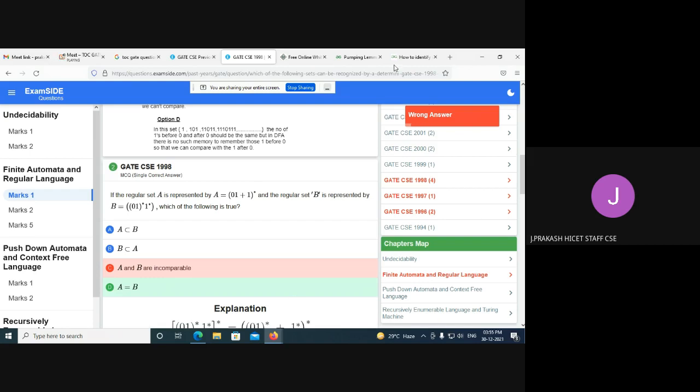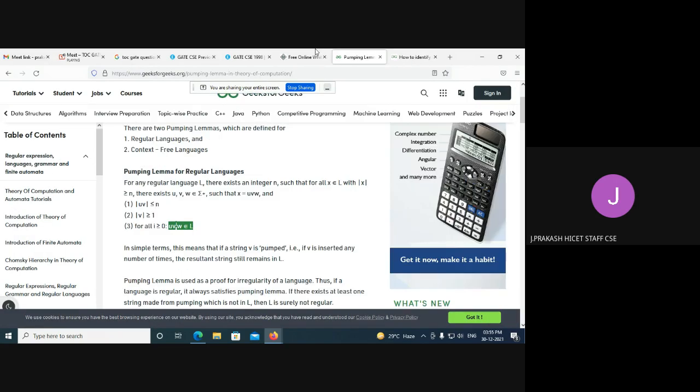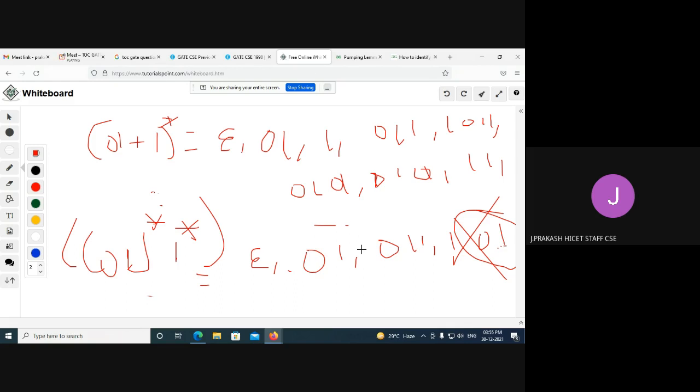A equal to B. Yes, possible. 0 1, 0 1 0 1. The star operator can perform a number of times. With multiple multiplication it is possible.